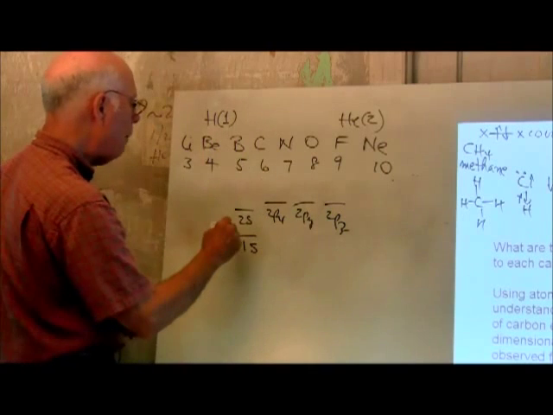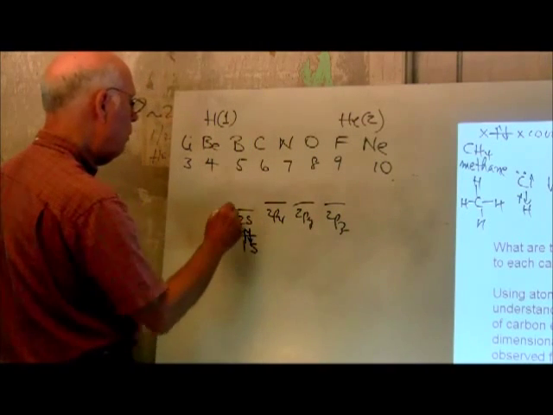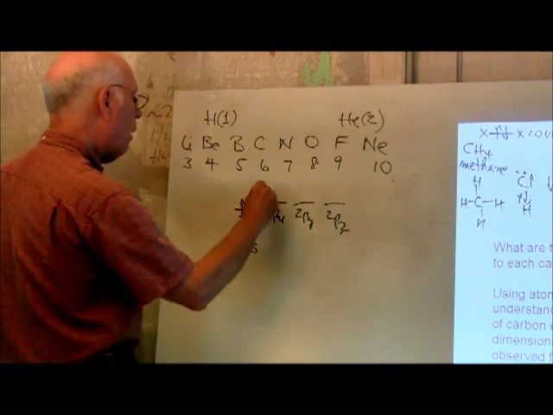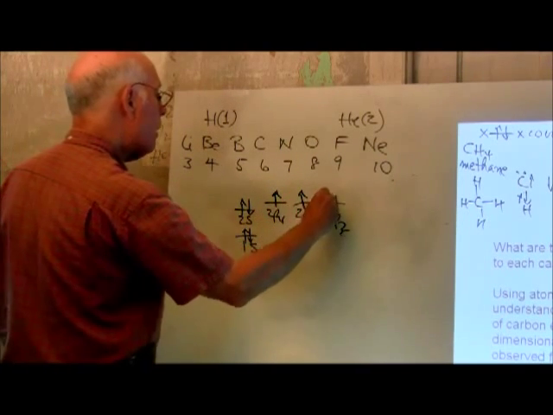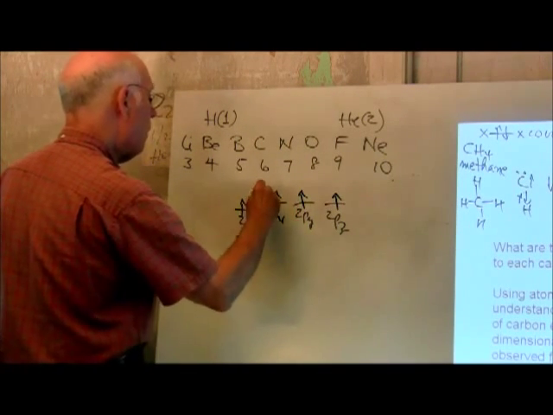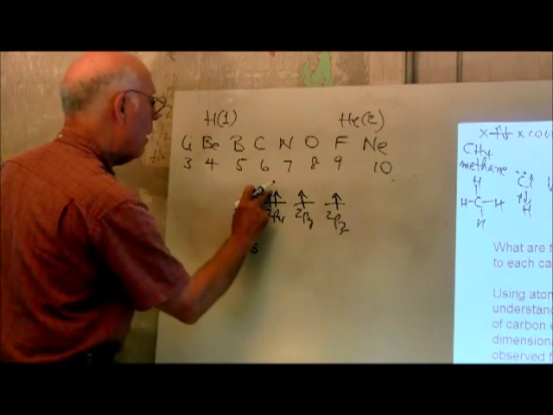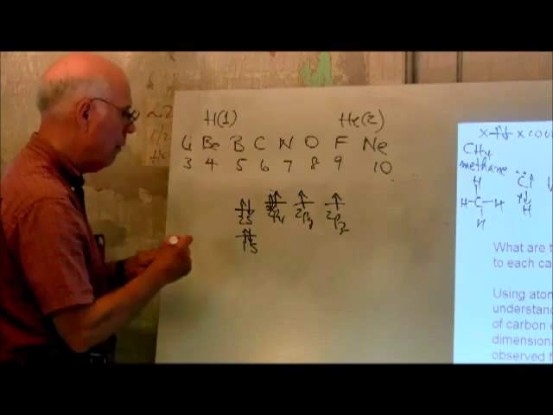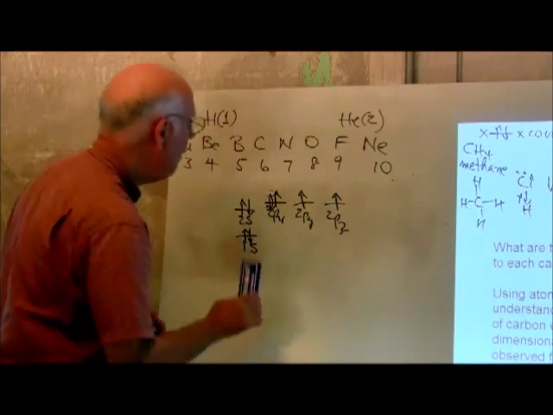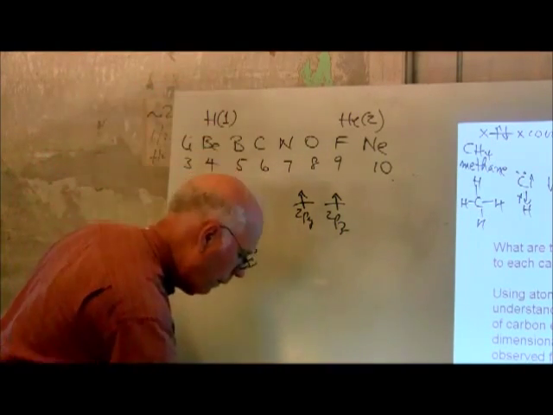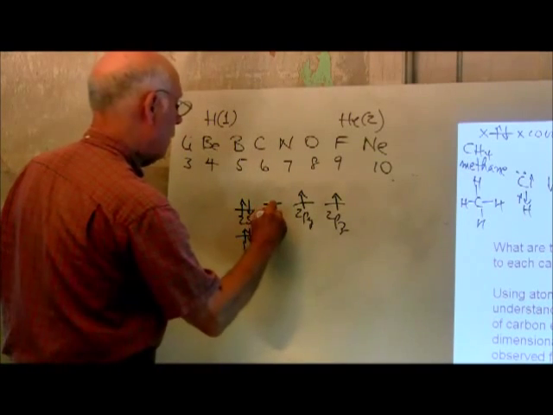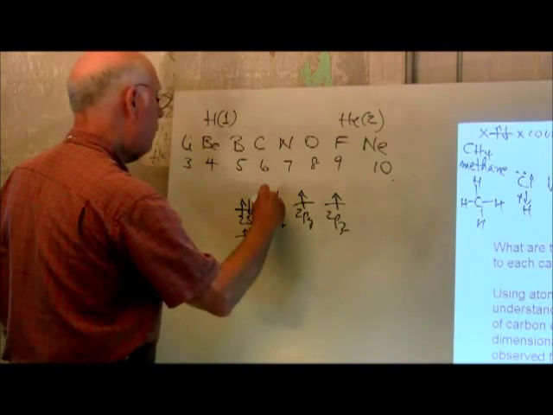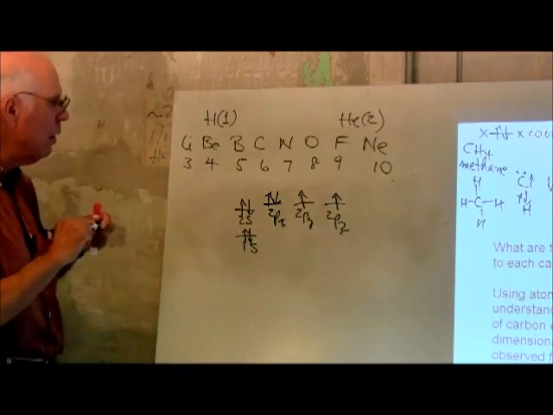Oxygen has an atomic number of 8, so 1, 2, 3, 4, 5, 6, 7, 8. And we have 2px, and we have 2 electrons paired in that position right there.